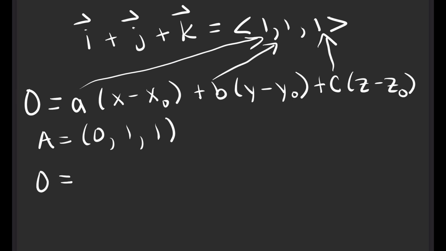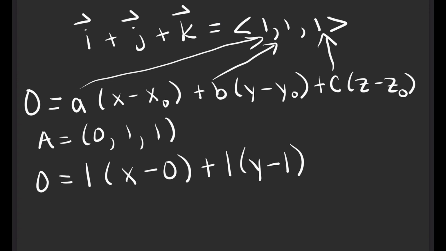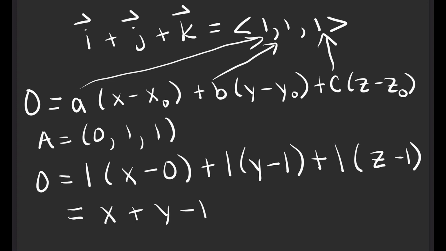So we've got 0 is equal to 1 times x minus 0 plus 1 times y minus 1 plus 1 times z minus 1. x minus 0 plus y minus 1 plus z minus 1 all equal to 0.